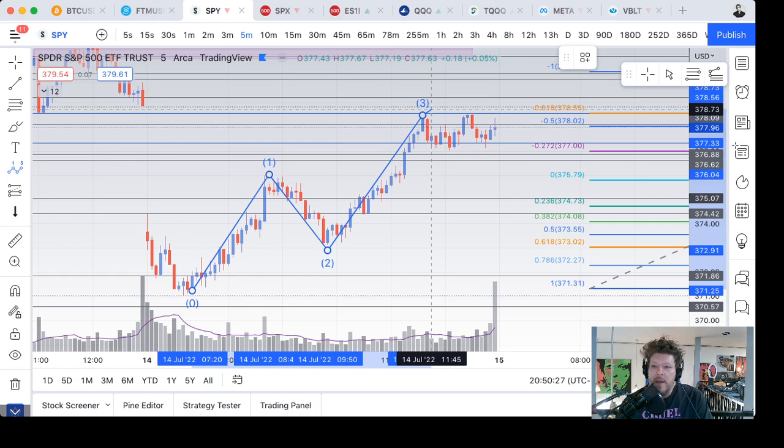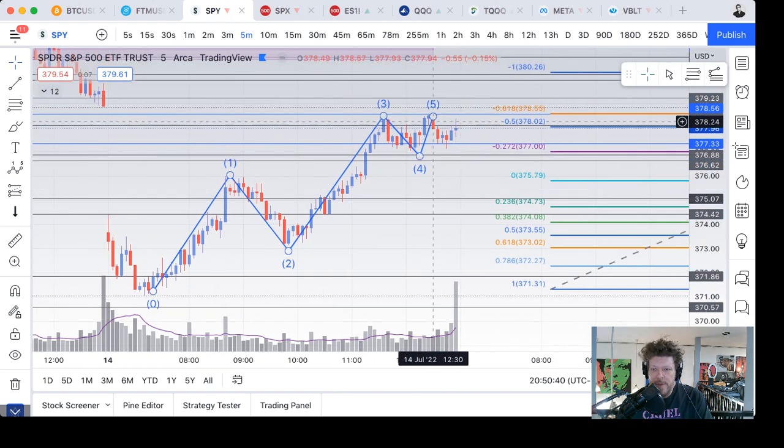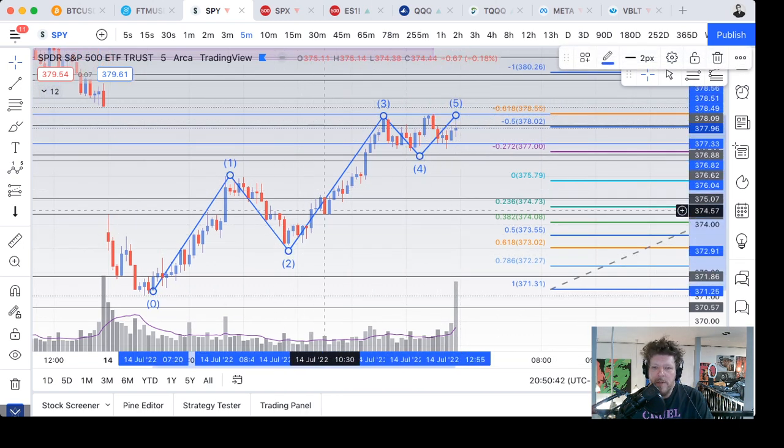And then you'll get another pullback here, and that should be the wave 4, and then you might get a truncated wave 5. And this is saying we got this big meaty move here, we're done, we don't care about pushing it any further. The deep pockets are out, and they might start pushing price down.